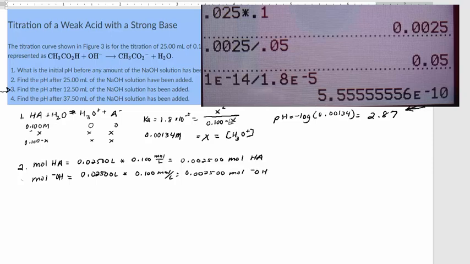So it looks like we're at the equivalence point here because we do not have an excess of acid or base. The difference between the weak acid and the strong acid, however, is when we create this situation where we add a strong base to that weak acid, we are forcing the creation of our conjugate base.